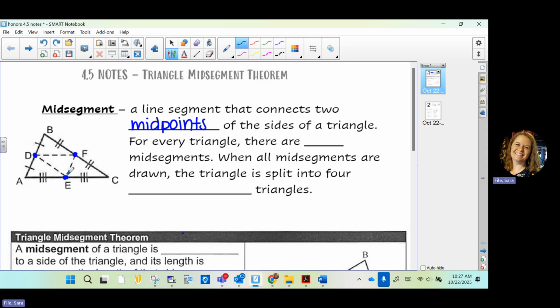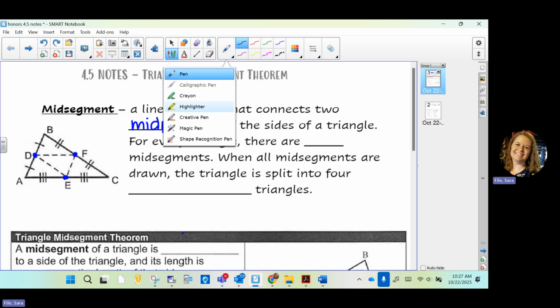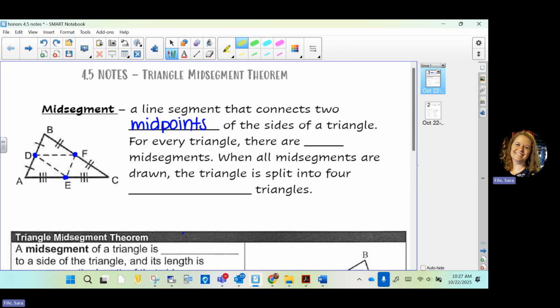The most common mix-up of the special segments, just from my experience, I think is people mixing up medians and midsegments. So just remember, midsegments connect midpoints, okay? A median connects a midpoint to a vertex.